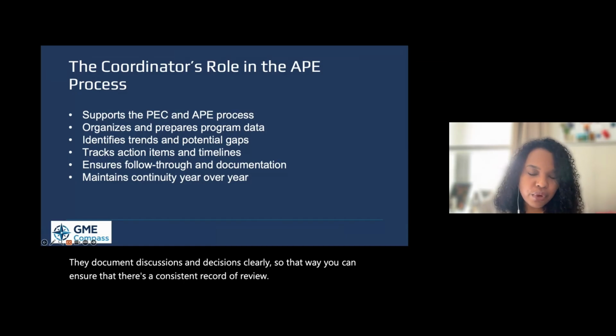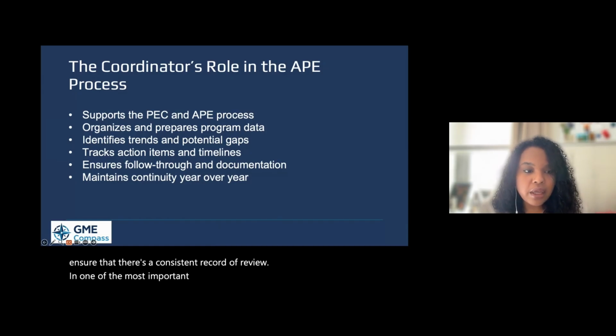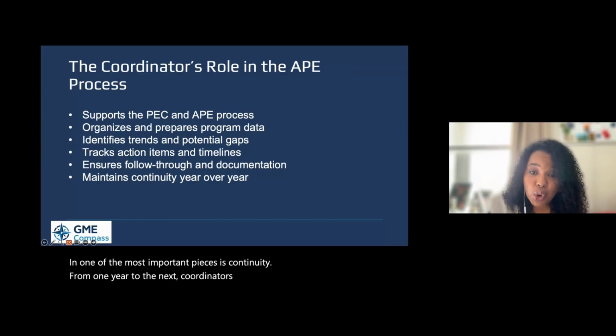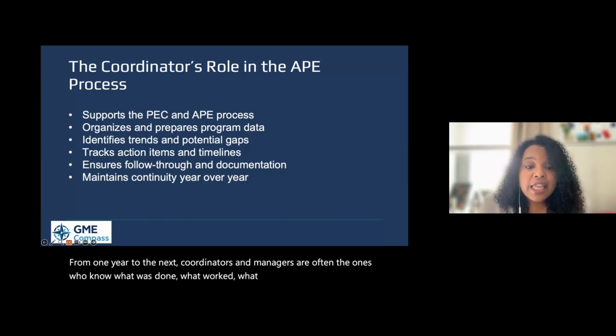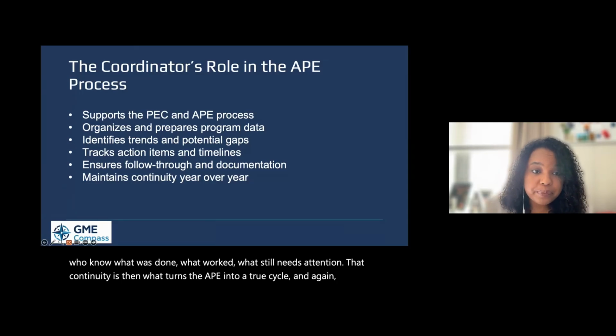And one of the most important pieces is continuity. From one year to the next, coordinators and managers are often the ones who know what was done, what worked, and what still needs attention. That continuity is what turns the APE into a true cycle, and again, not just a one-time event.